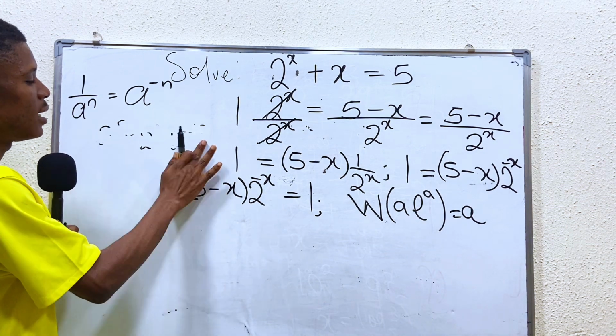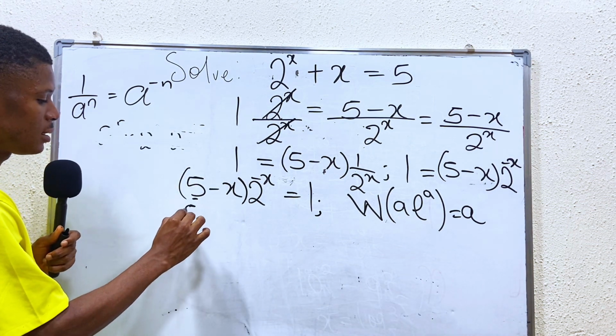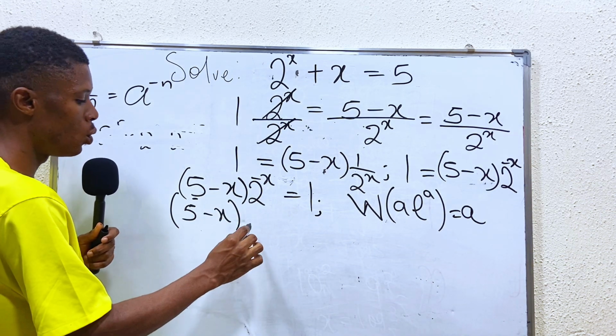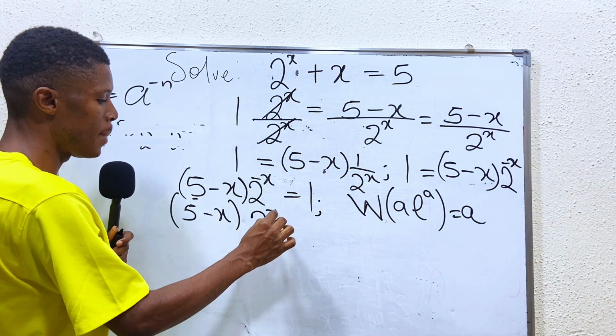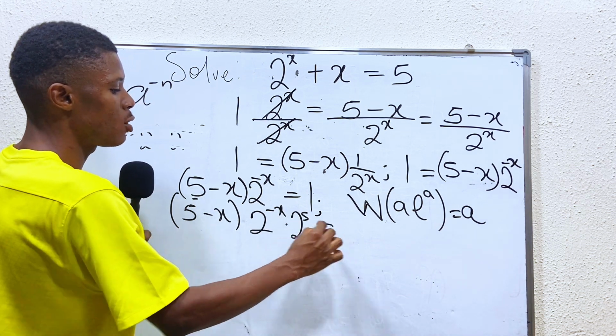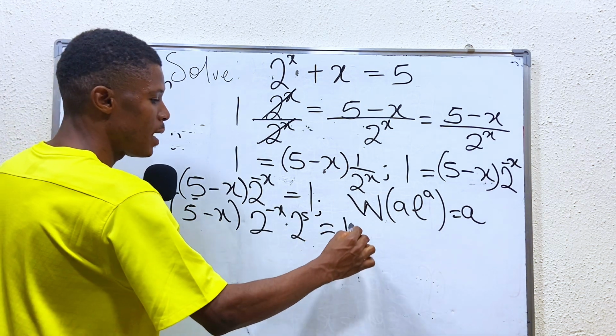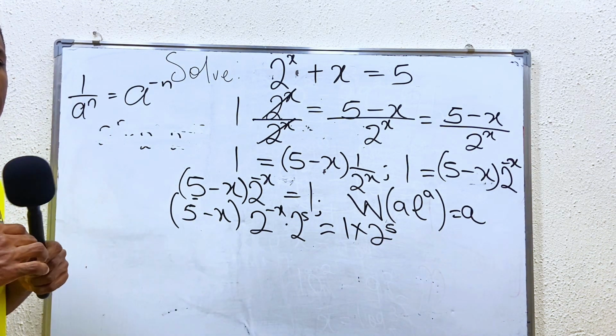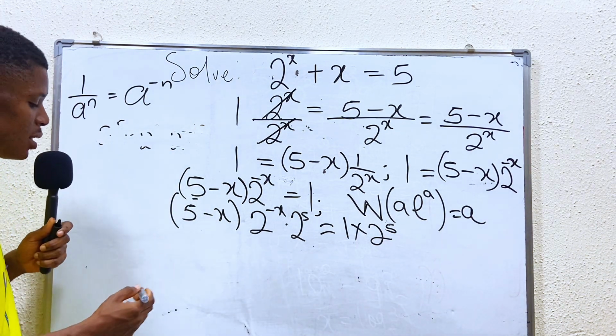So if you understand this, all you have to do is that 5 minus x into 2 to the minus x times 2 power 5 is equal to, you now multiply it to the left-hand side, so the equation will also be balanced. So what do you see at the end?